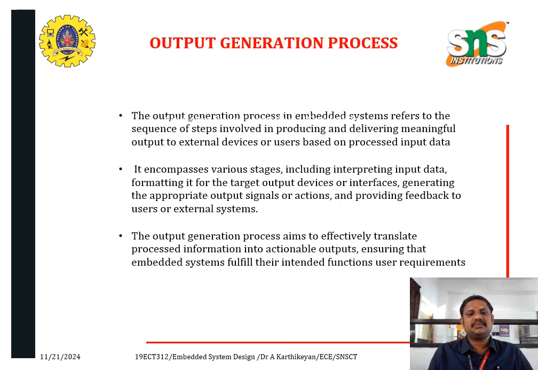The output generation process refers to the sequence of steps involved in producing and delivering meaningful output to external devices and users. It includes interpreting the data, formatting it for the target output devices, and generating appropriate output signals to provide feedback to the user and external systems.